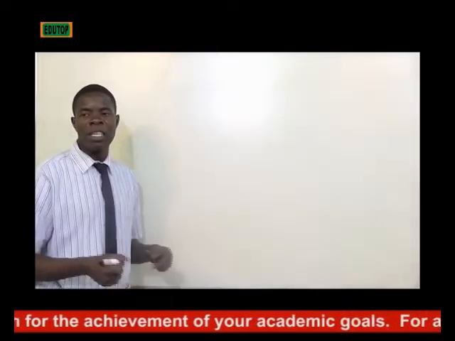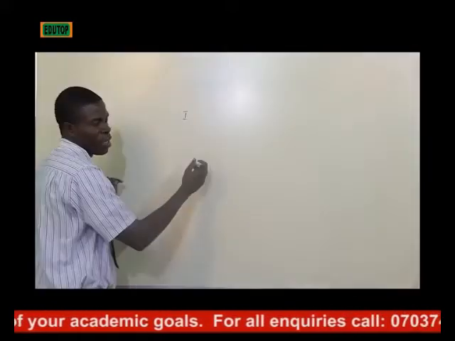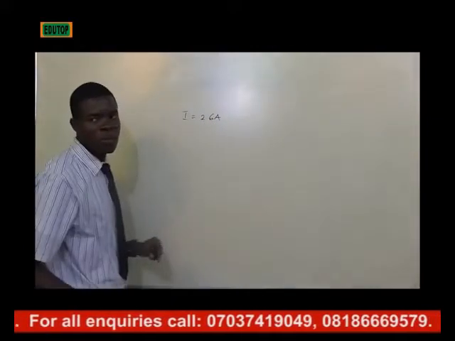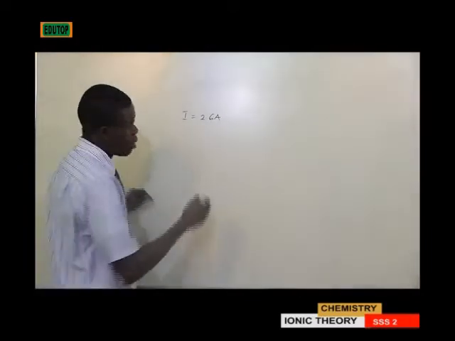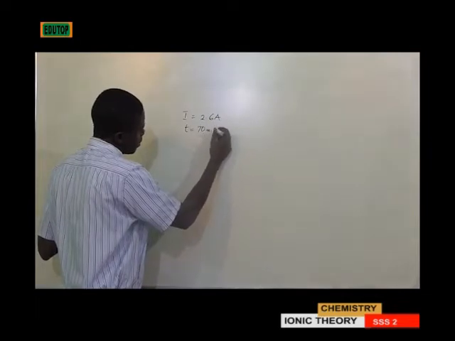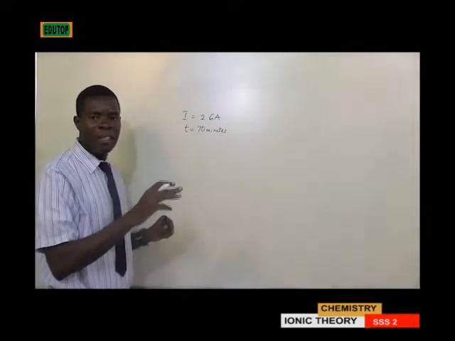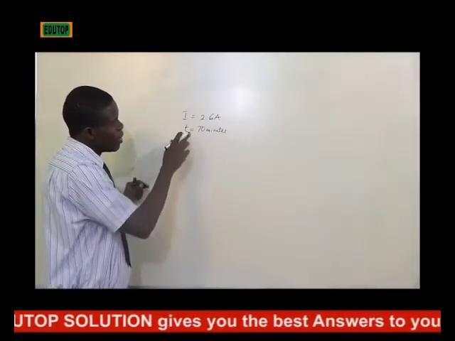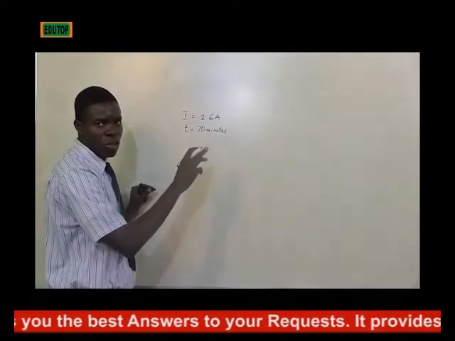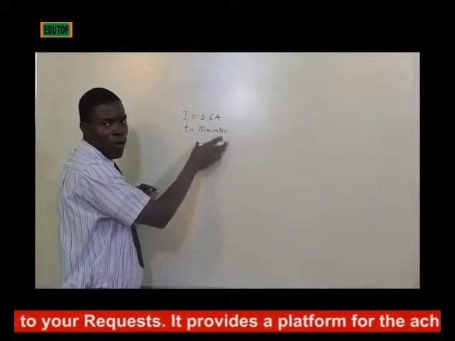From the question, I, which is the current, is given as 2.6 amperes. Also, the time is given as 70 minutes. And mind you, working under the first and second law of Faraday, the standard unit of time is seconds. So this 70 minutes has to be converted to seconds.